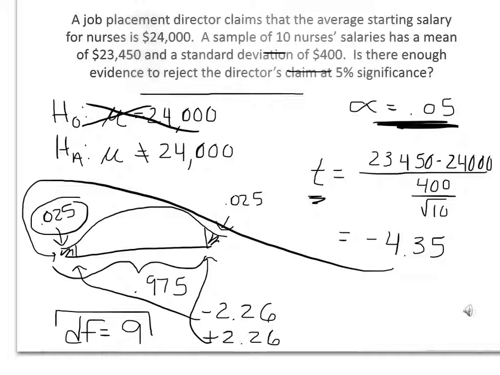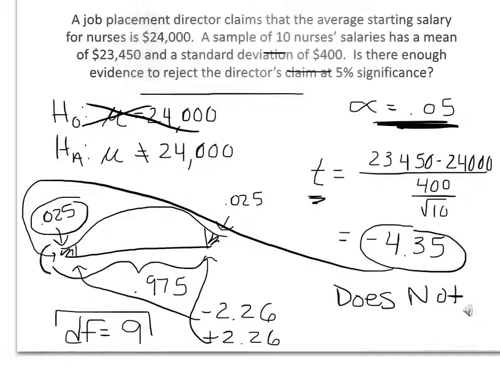So then what we can say is that this data, the data provided about these 10 nurses, does not support the claim that the average salary is $24,000. And that's based on the idea that this test statistic is inside my critical or rejection region.